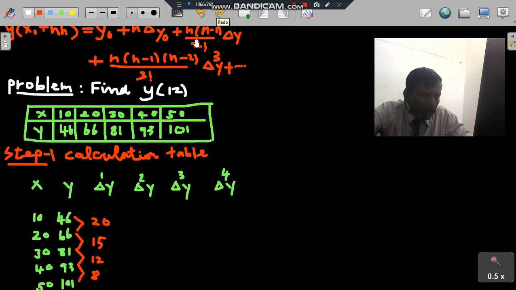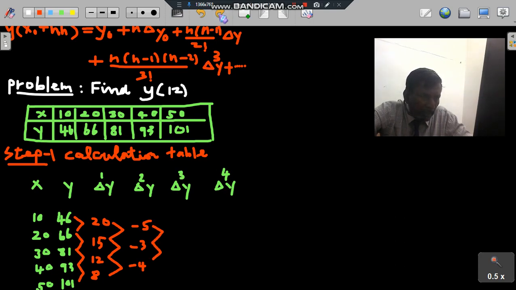In the same way the second difference can be calculated here. 15 minus 20 is minus 5, 12 minus 15 is minus 3, 8 minus 12 is minus 4. The same way we can calculate the third difference also.